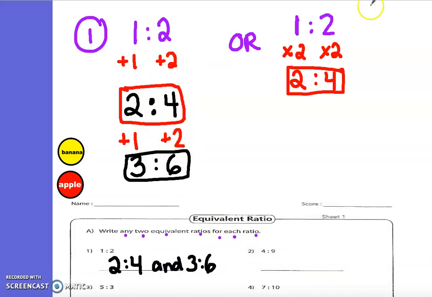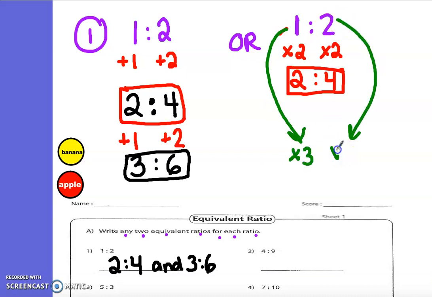So if you like doing addition, use addition. Another way I could have gotten 3 to 6 was to take this and multiply by another number. I could multiply by 3. And I could also multiply by 3. And I could have gotten 3 to 6 also.